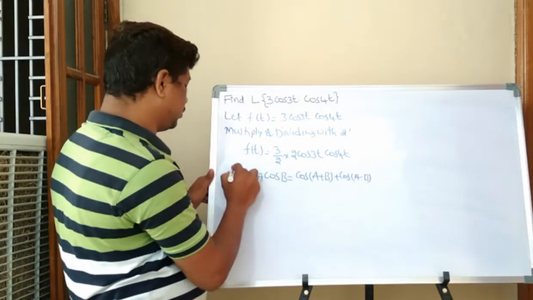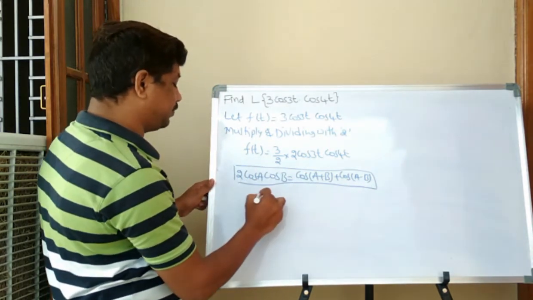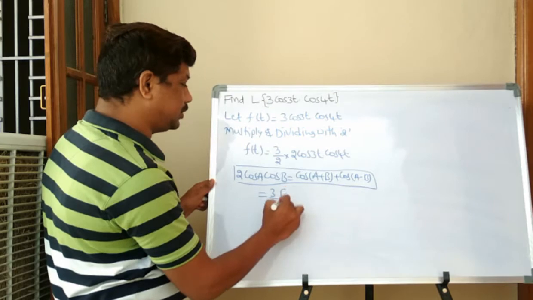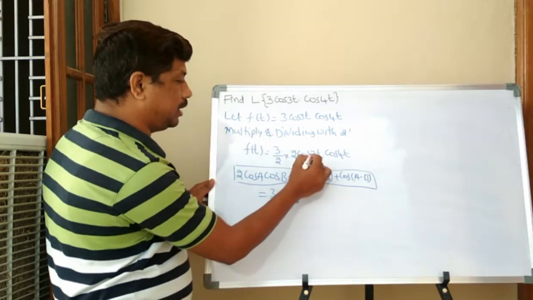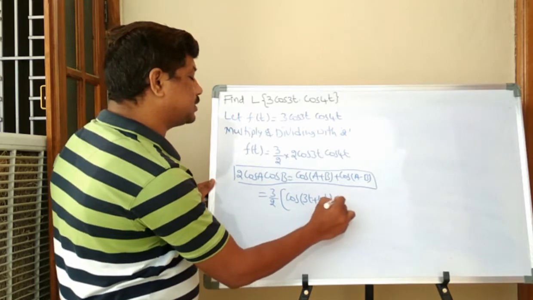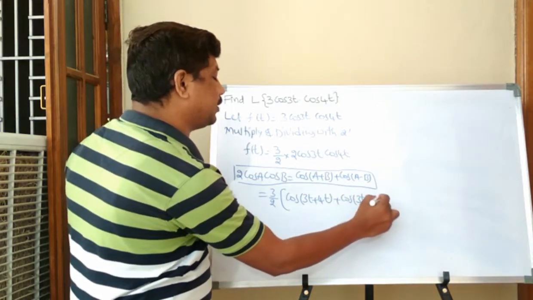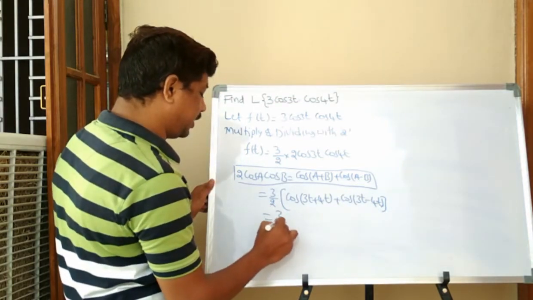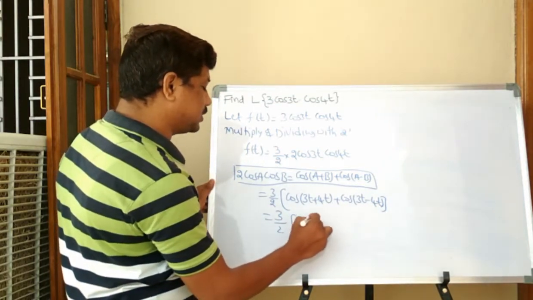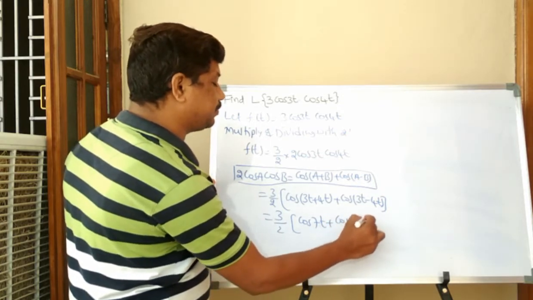So now I would like to write this as 3 by 2 into cos of a plus b, that is 3t plus 4t, plus cos of 3t minus 4t. So that is 3 by 2 of cos 7t plus cos minus t.